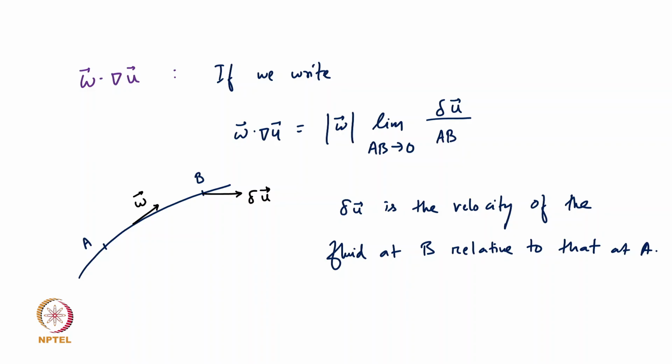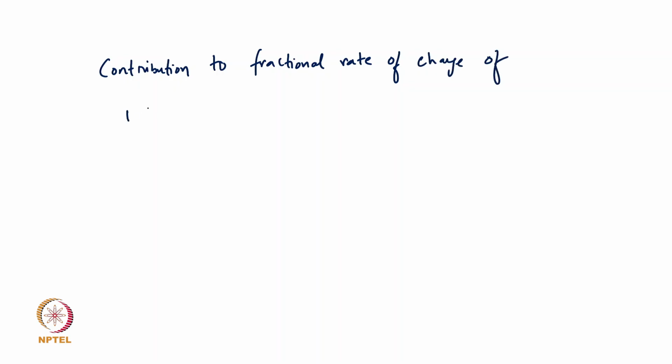A and B are neighboring points, and del U is the velocity at B relative to that at A. So now the contribution to the fractional rate of change of the vorticity, that is 1 over mod omega del omega del T, is the same as the fractional rate of change of the material element AB.